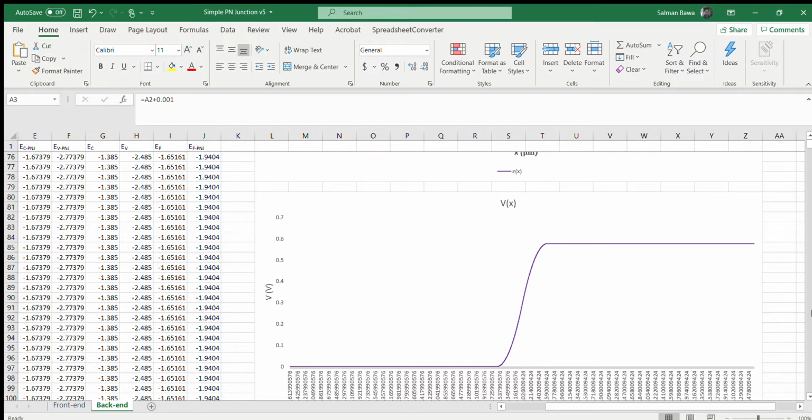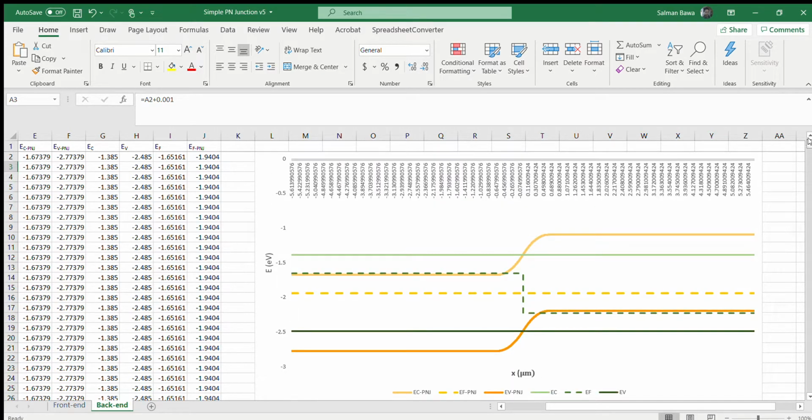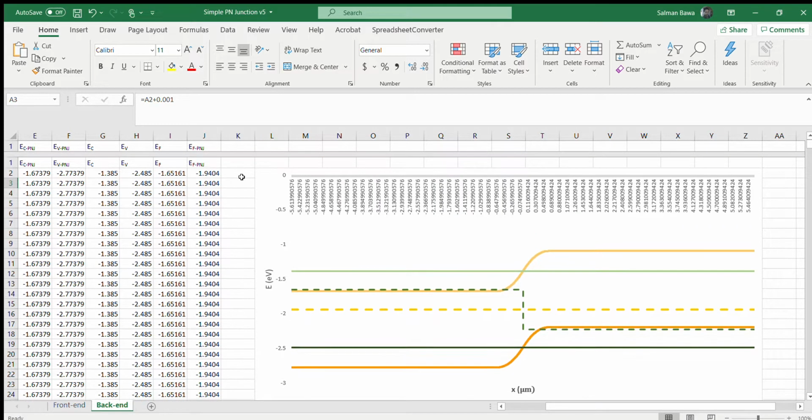Okay, so now let's have some fun with the graphical calculator.